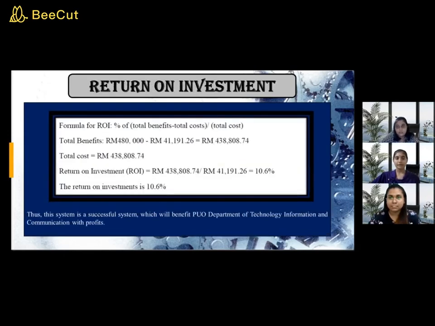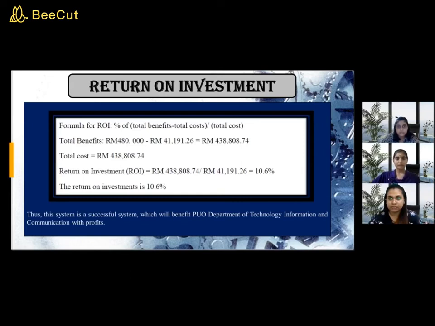Return on investment. The formula for return on investment is total benefits minus total cost, divided by total cost. Total benefits will be 480,000 minus 41,191 and 26 cents, which is 438,808 ringgit 74 cents. Total cost will remain the same.